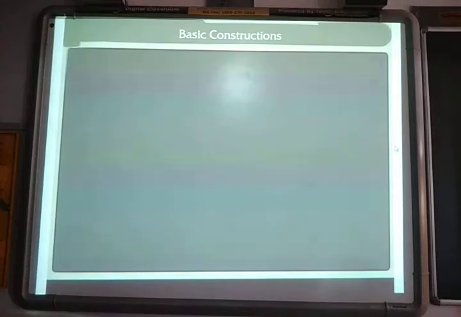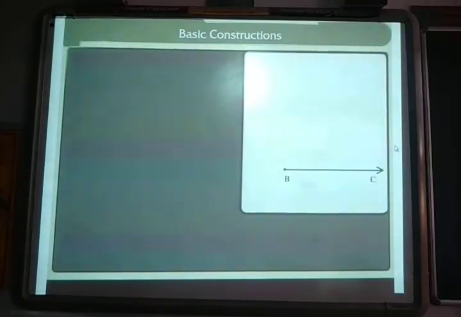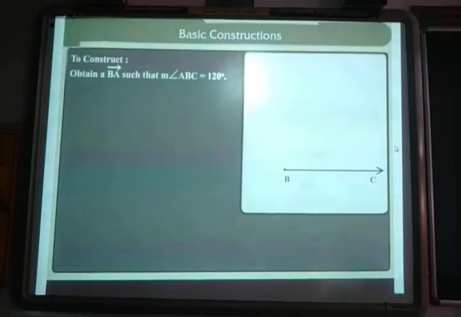Let us now see the construction of an angle measuring 120 degrees. Taking ray BC as the initial ray, let us construct an angle ABC of measure 120 degrees. For this, we will have to obtain the required ray BA.